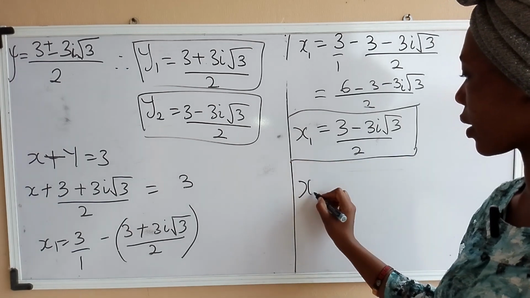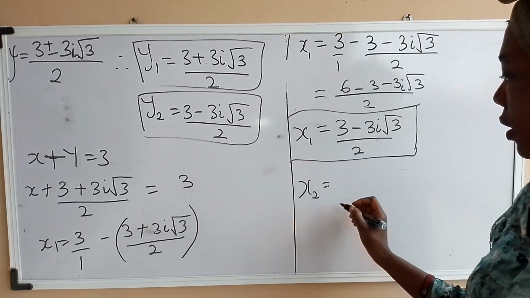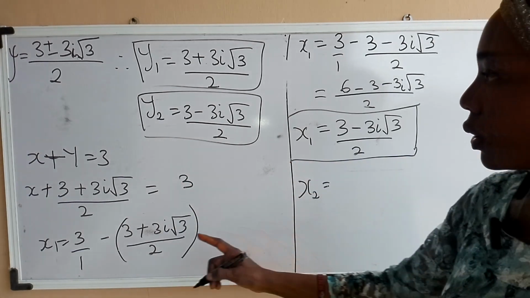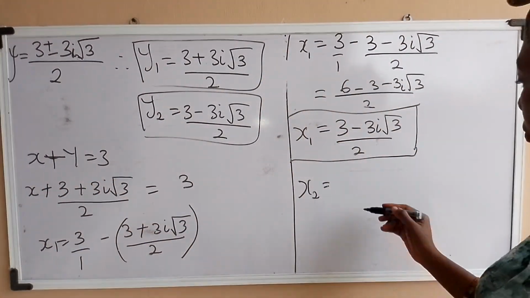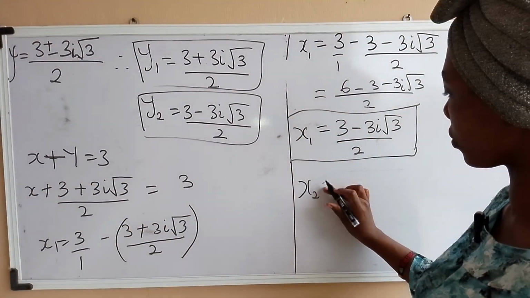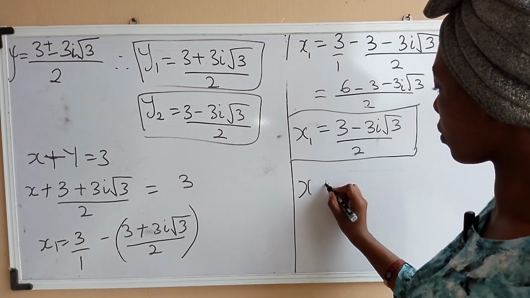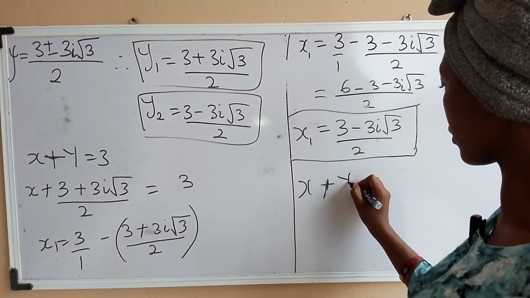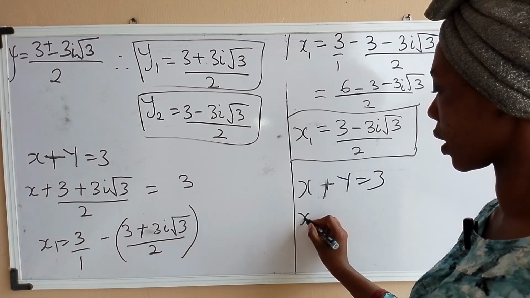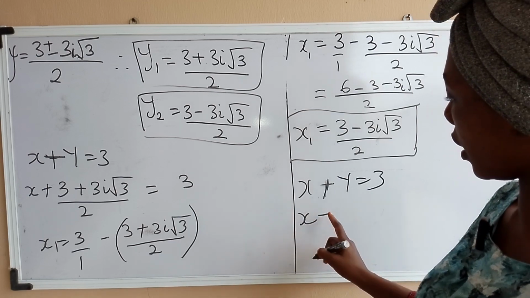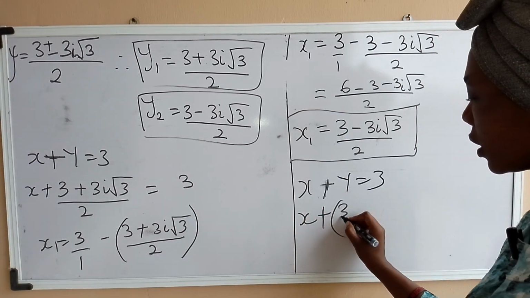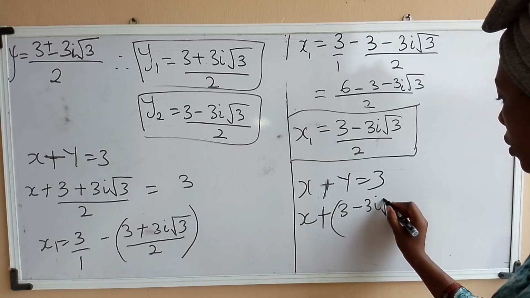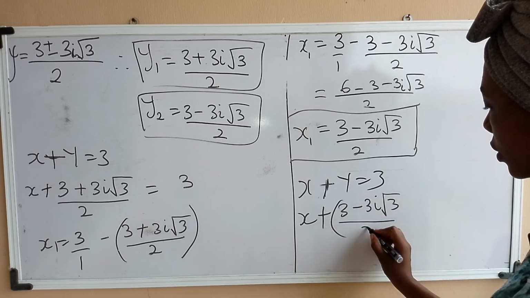We're going to look for x2 using the same thing again. Let's just start from here. So we have x2, say x plus y equals 3. This is x plus, what's the value of y? 3 minus 3i root 3 all over 2.